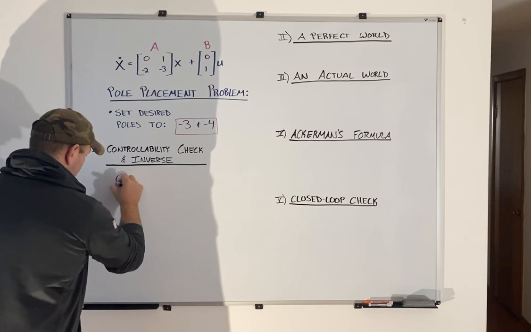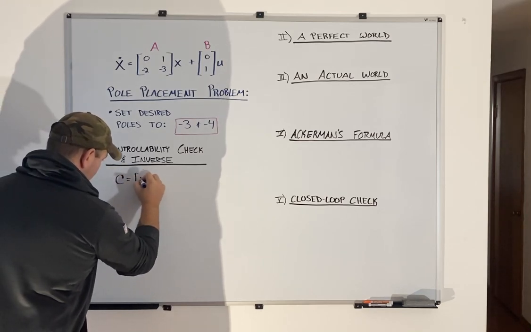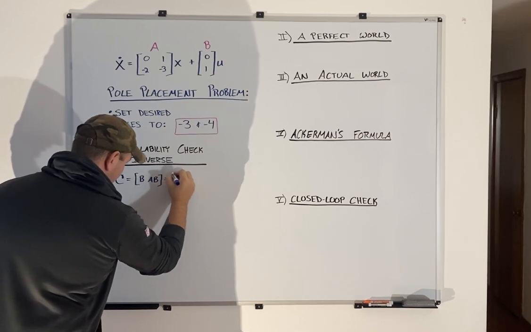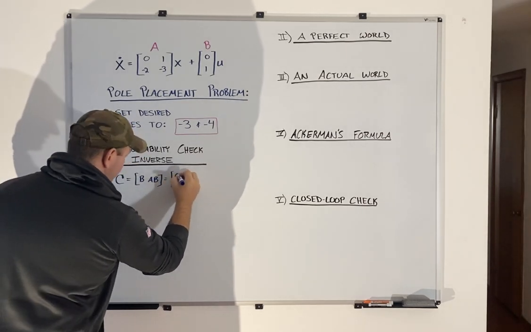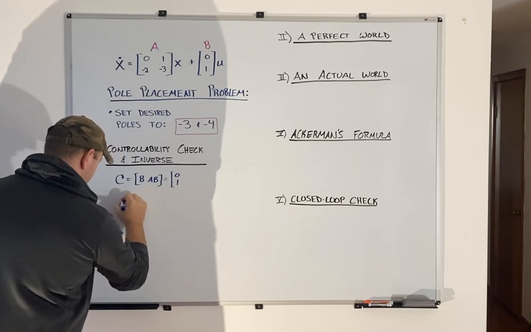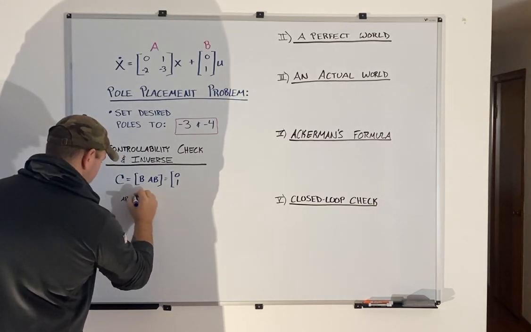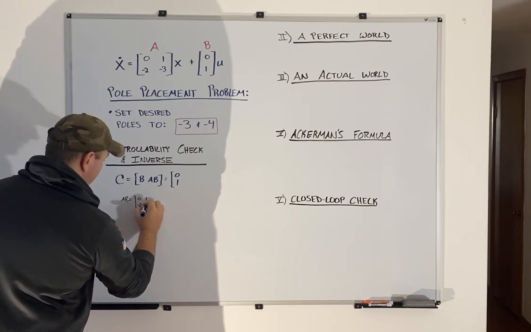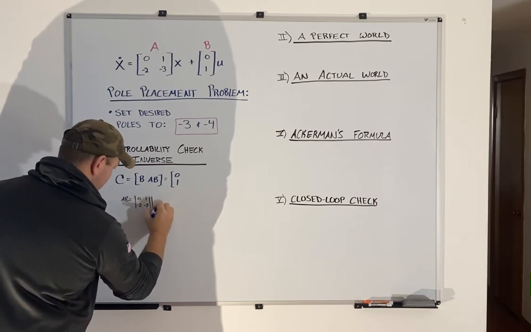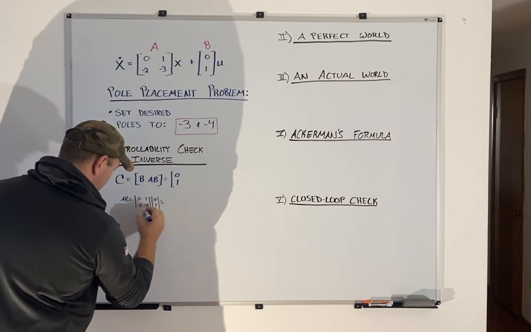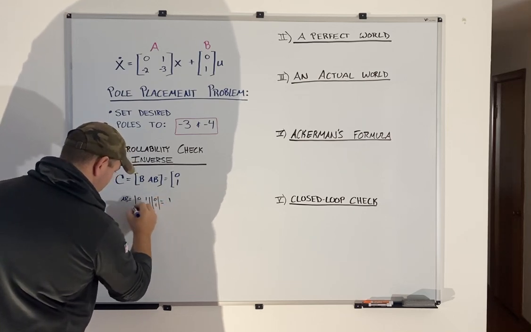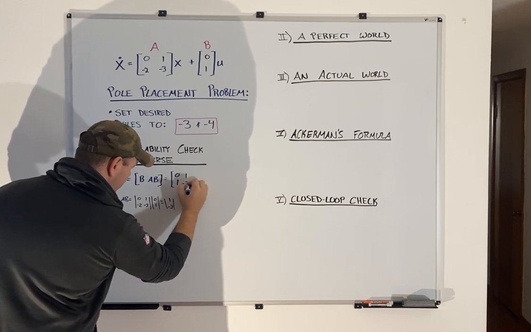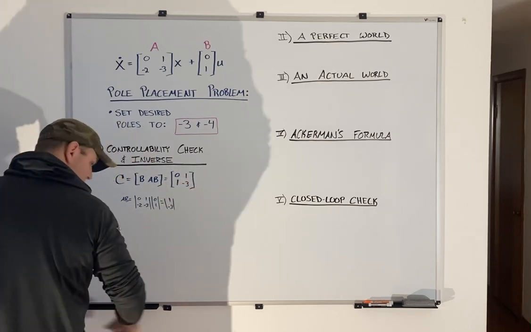The controllability matrix C is equal to [B, AB]. B is [0, 1], and AB is [0, 1; -2, -3] times [0, 1], which equals [0, 1, -3].